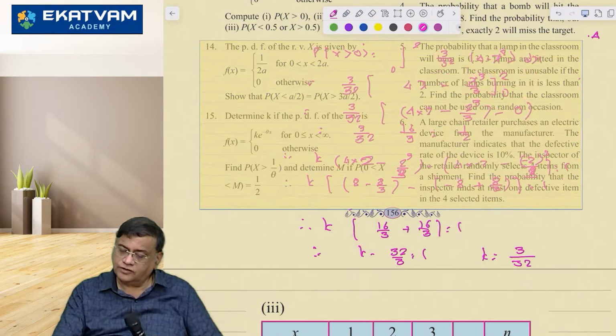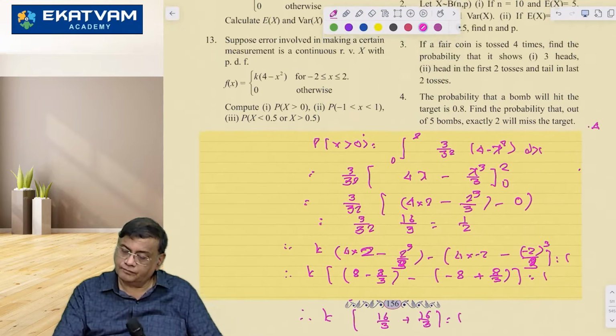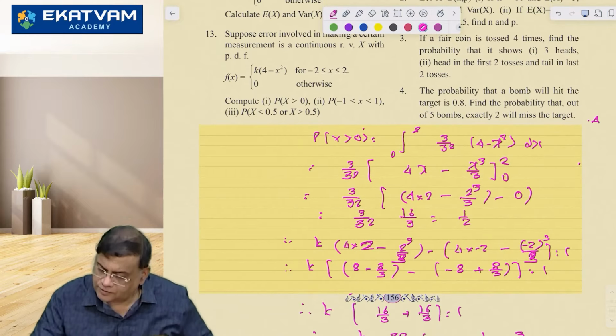And then consider the second probability. Minus 1 to plus 1.